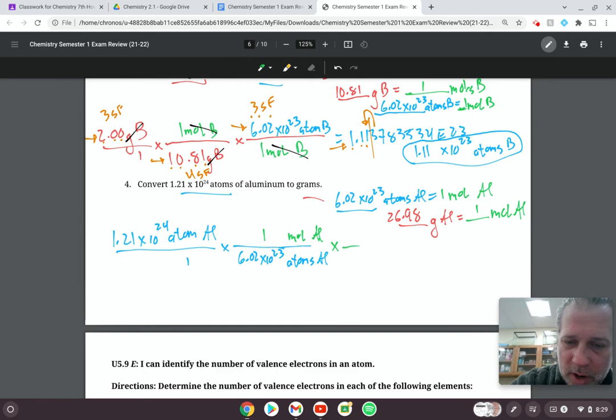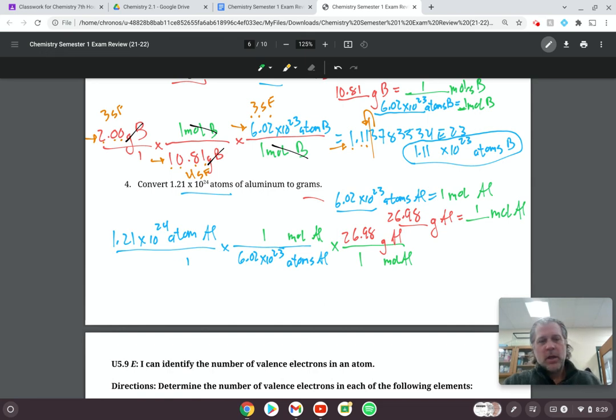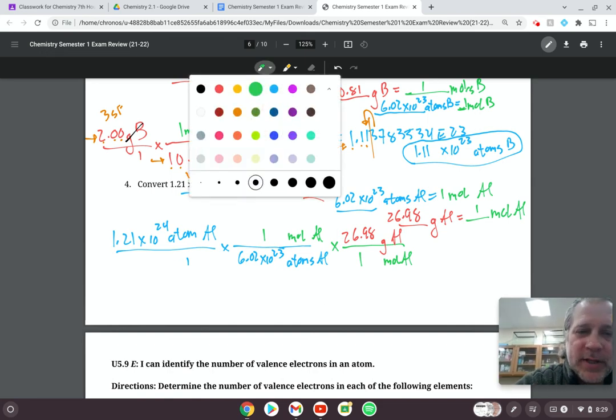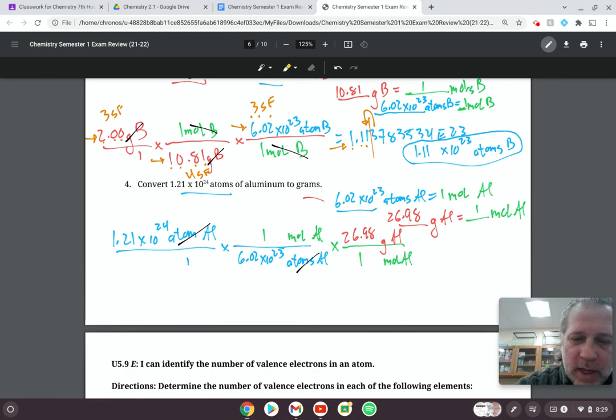So now I'm going to set my problem up so I can cancel out moles. So I'm going to put moles of aluminum on the bottom and grams of aluminum on the top. I see that I'm going to put the 26.98 grams of aluminum on the top and 1 mole of aluminum on the bottom. Based on what I have set up here, I can see that atoms cancels out, moles cancels out. I'm going to be left with grams, which is great.